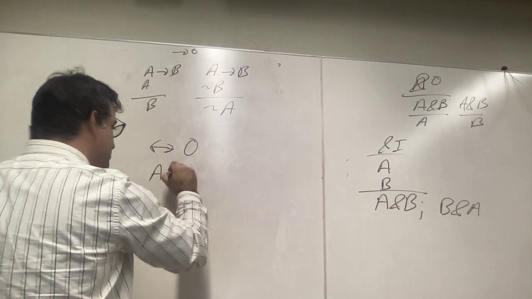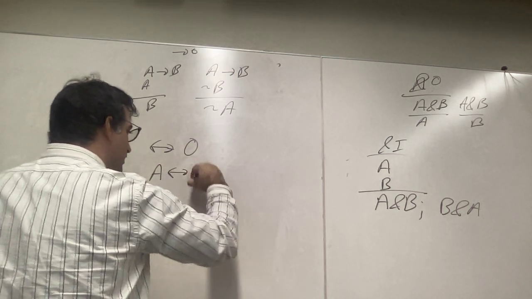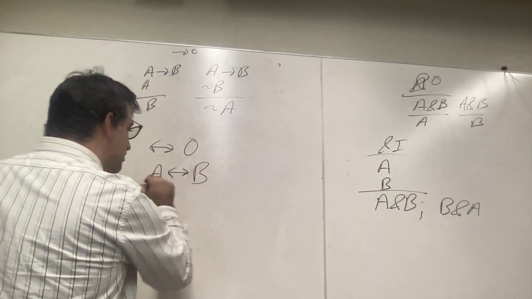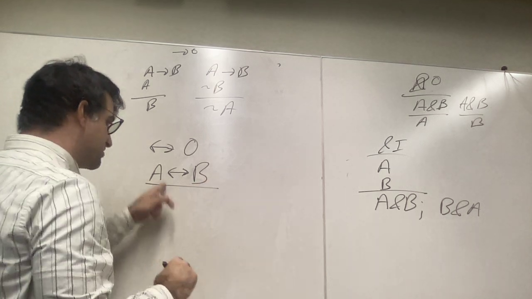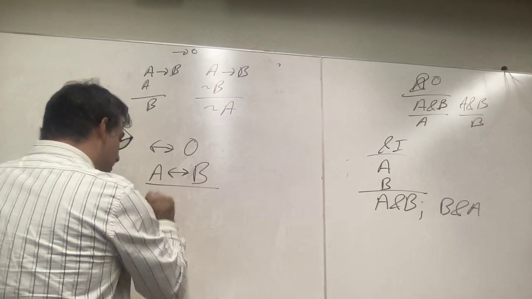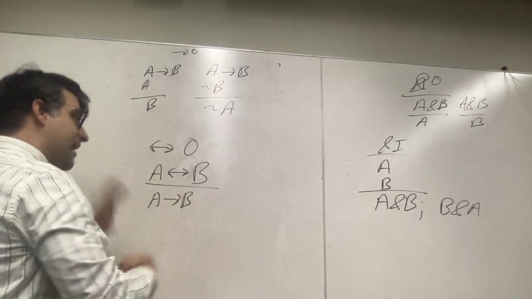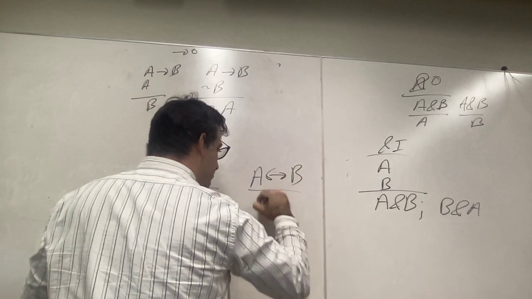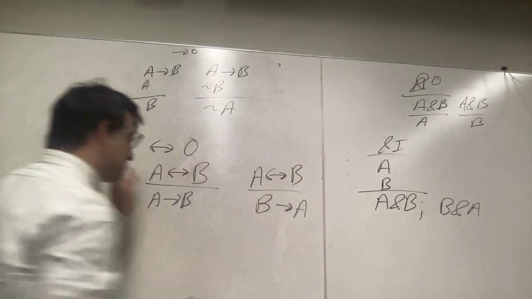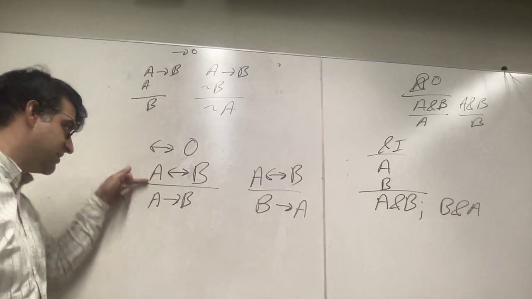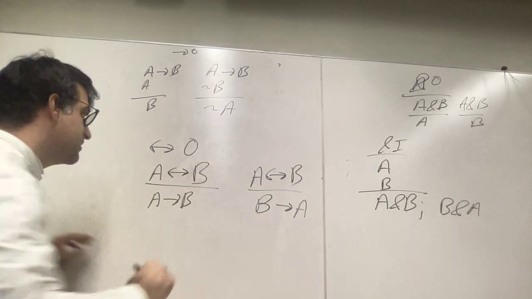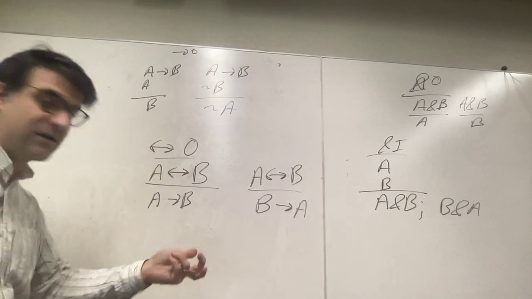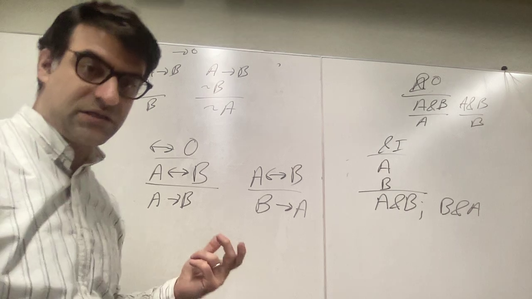Anytime you have a double arrow statement, you can deduce that one of those arrow statements holds. Since A double arrow B, it follows that A arrow B, and it also follows, in a separate step, you could do B arrow A. Okay, that's what the double arrow is saying. A implies B and B implies A, so you can just make those deductions one at a time. So this is double arrow out. Again, detaching. We go from a double arrow statement to deduce a single arrow statement, so we're calling that double arrow out.